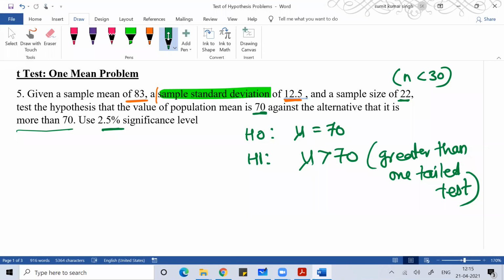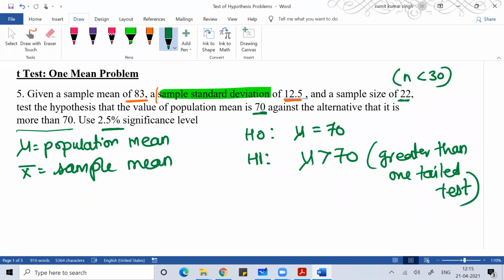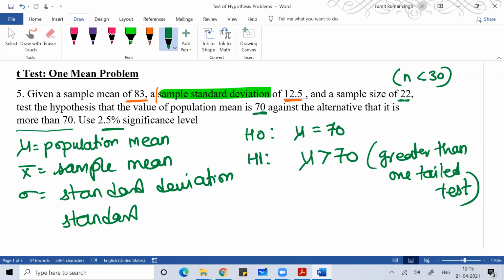Here mu basically means population mean. X bar means the sample mean. Sigma is the standard deviation. There's one more term called standard error, or you can use the term sample error.